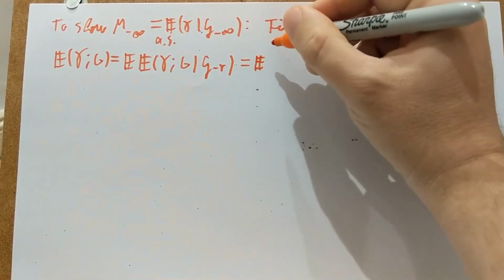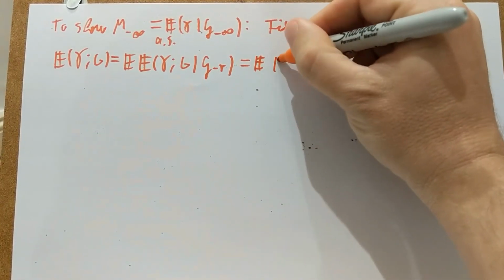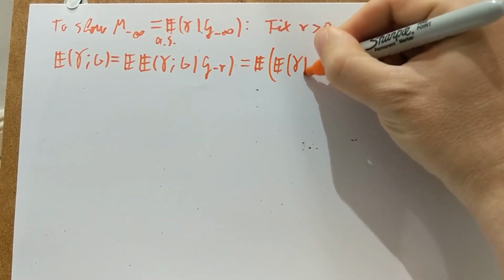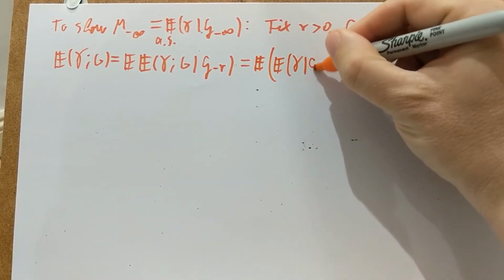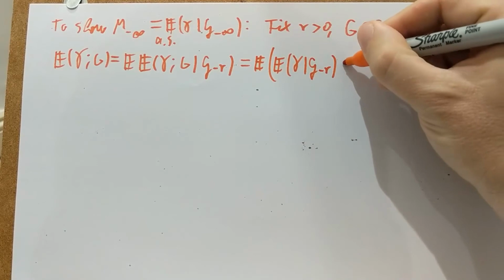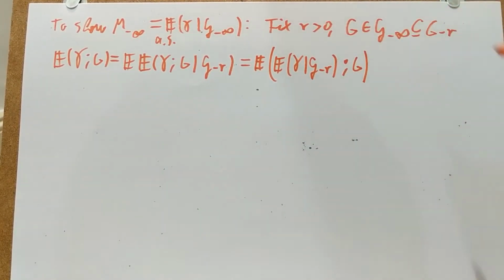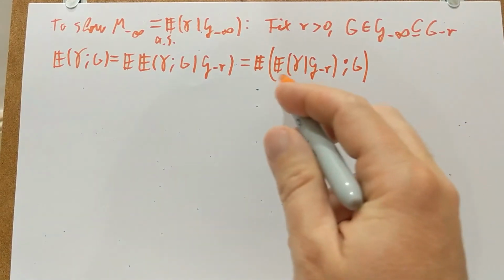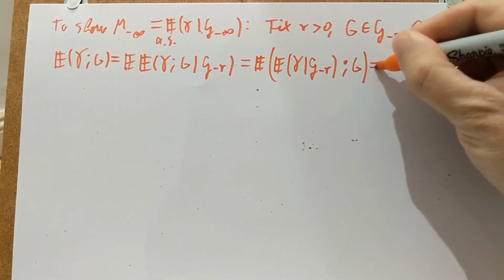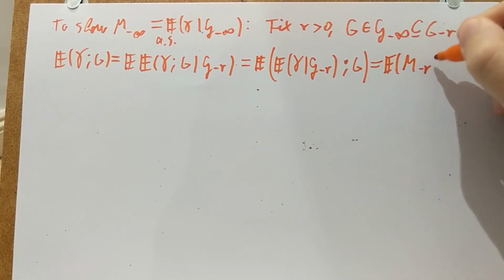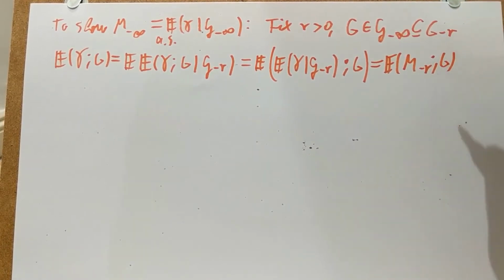So I can do the expectation of gamma given G_{-r}, and I factor out the indicator of G. This is how I defined my martingale.